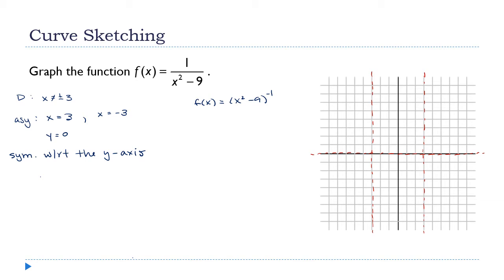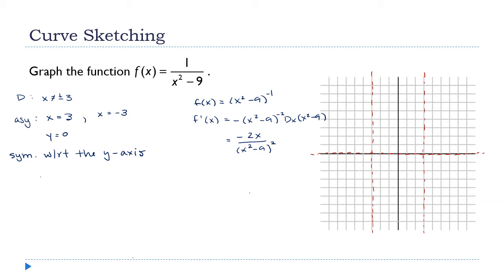All right, so that means f prime of x is negative x squared minus 9 to the negative second times the derivative of x squared minus 9. All right, let's see, that derivative, that's 2x. So this is minus 2x over x squared minus 9 squared.